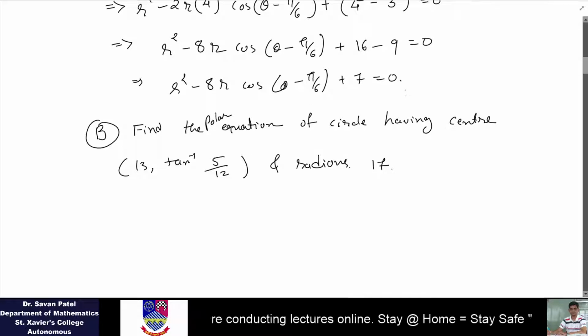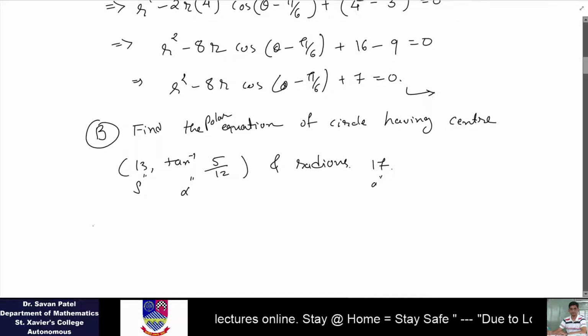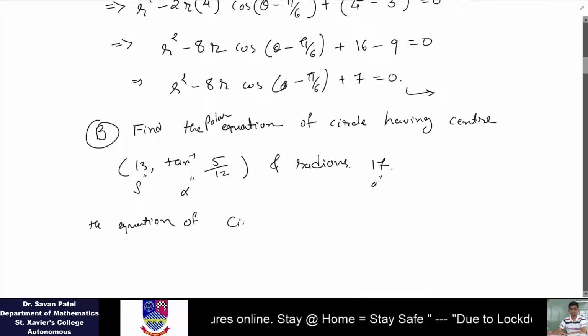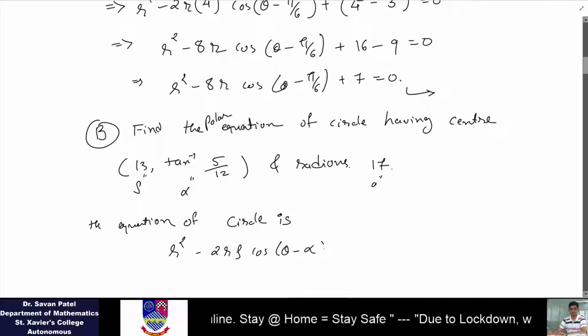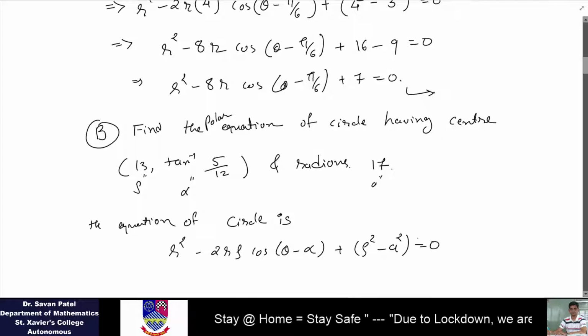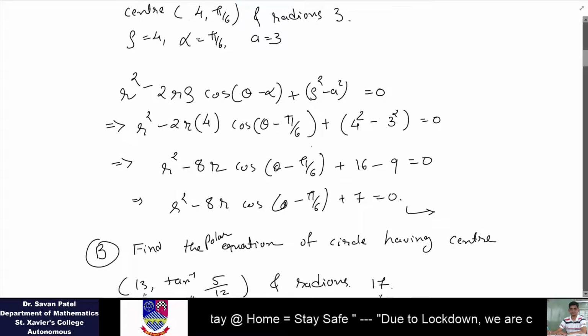Here you can simplify this equation further, but we are not doing that right now. Here, tan inverse 5 by 12, so your rho is 13, alpha is tan inverse 5 by 12 and a is 17. So the equation of circle is r square minus 2r rho cos(theta minus alpha) plus rho square minus a square is equal to 0, as we have used previously also.